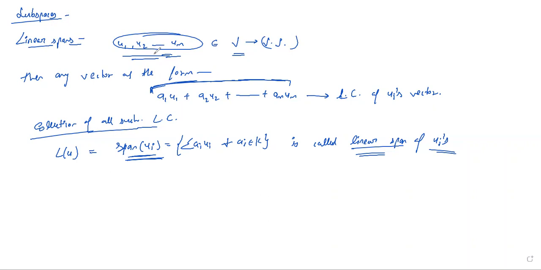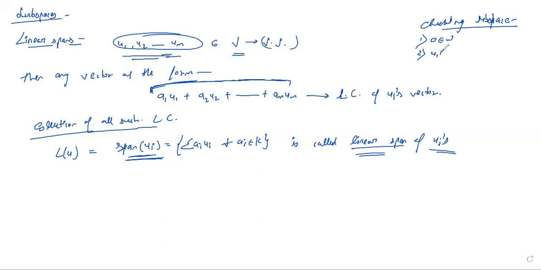Now I want to check whether this linear span will form a subspace or not. For checking a subspace, what do we have to do? First I check whether the zero vector belongs to the set or not.